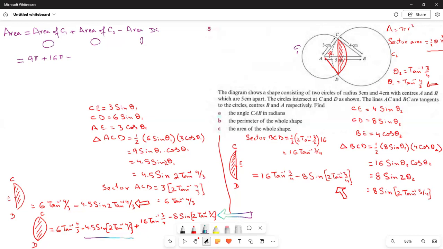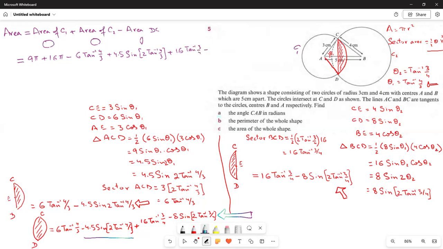Okay, let me start from here. Minus 6 times tangent inverse 4 by 3, plus 4.5 into sine of 2 times tangent inverse 4 by 3, plus 16 times tangent inverse 3 by 4.